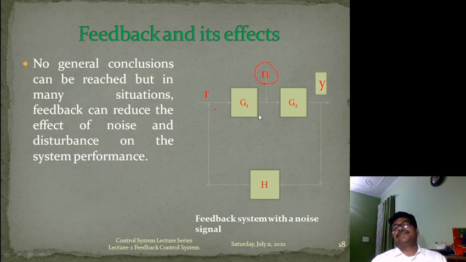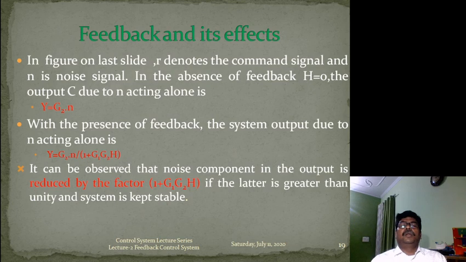So in this case, suppose a case when R is 0 and the system is only fed by a noise signal, then without any feedback the output will be N times G2, while with the feedback the output will be equal to N times G2 upon 1 plus G1 G2 H. So you can see that the noise is reduced by the factor 1 plus G1 G2 H. If the latter is greater than unity, the noise is reduced.